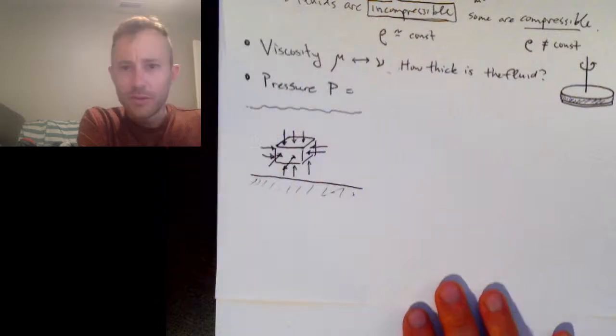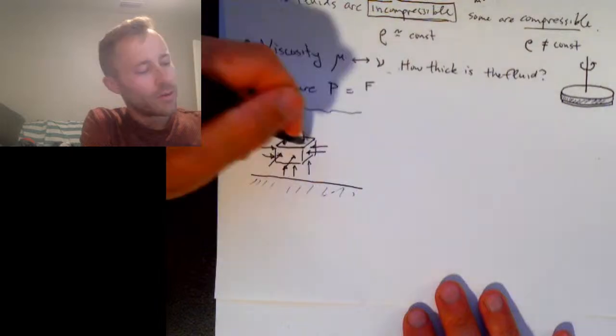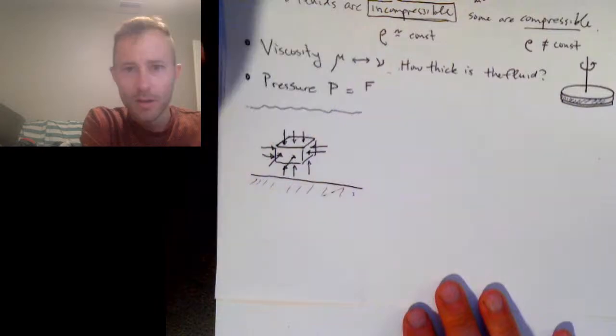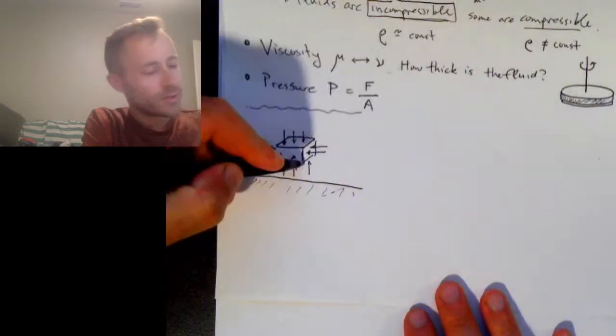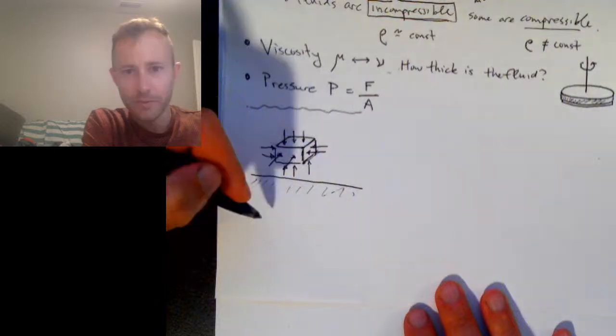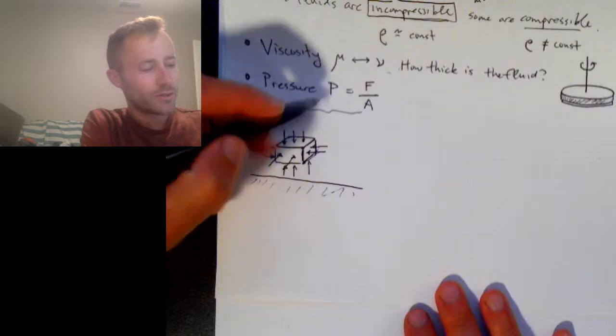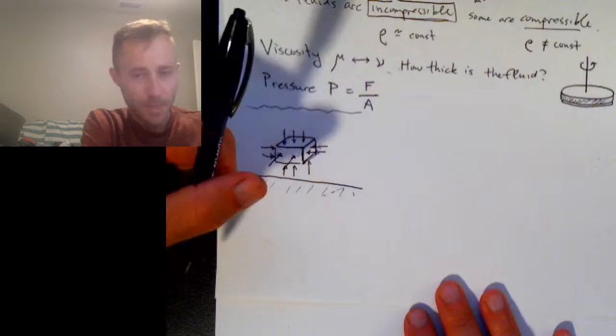And so the pressure is the force on the wall of the submarine divided by the area of the face. If this face has an area of length times width, then we could calculate the pressure. You measure the force on this face and divide it by the area of that face.